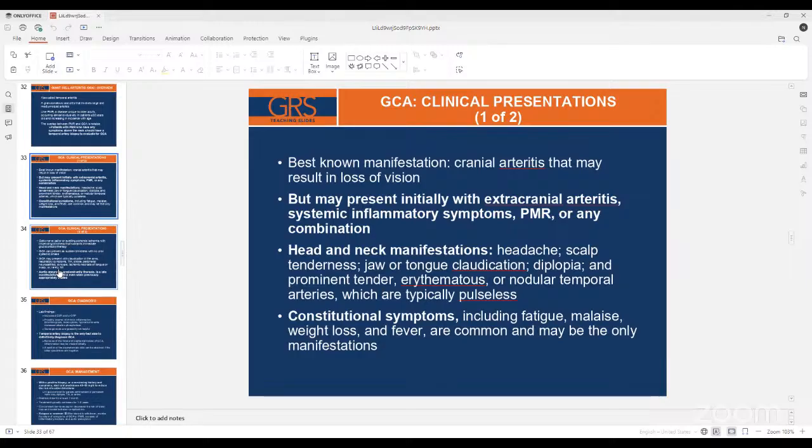There will usually be tenderness over the temporal side, with erythematous or nodular temporal arteries, which are typically pulseless. Constitutional symptoms include fatigue, malaise, weight loss, and fever, which are common and may be the only manifestation, like most rheumatological illnesses.